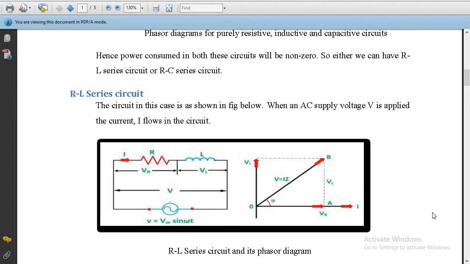Again, let me remind you, phasor sum is not an algebraic sum. It is not like if I am applying 20 volts, it will be 2 plus 18 or 16 plus 4. No, that is an algebraic sum. We are talking about phasor sum, which means we add them on a rectangle or parallelogram.